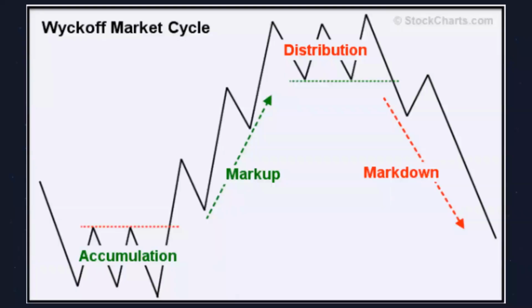So let's look. Accumulation. Accumulation means what? It's going up. So it consolidates, it keeps on going up, going back down, and then it breaks through that, right? Goes up. Now you're marking up, you're making all this money going up. Now it comes to distribution. It's going lower. The higher part isn't going higher.